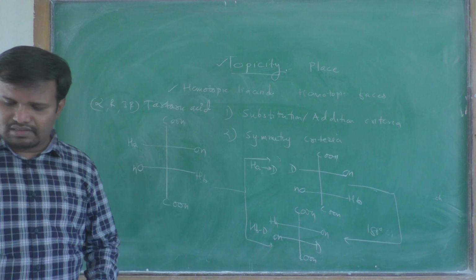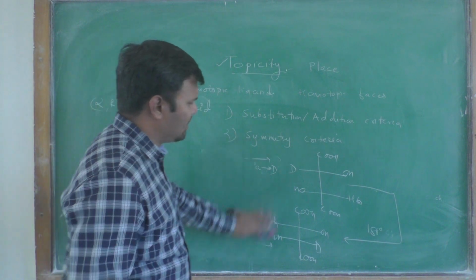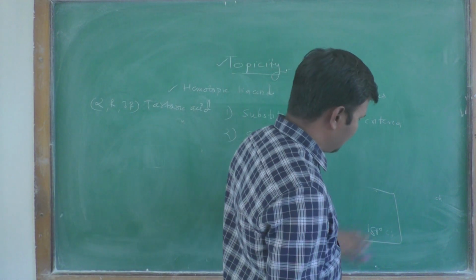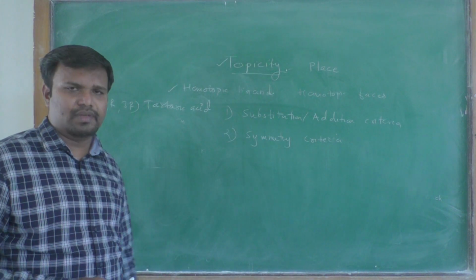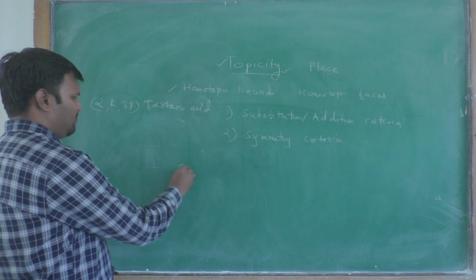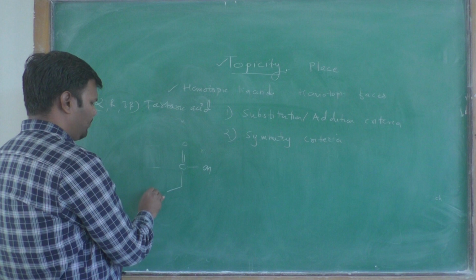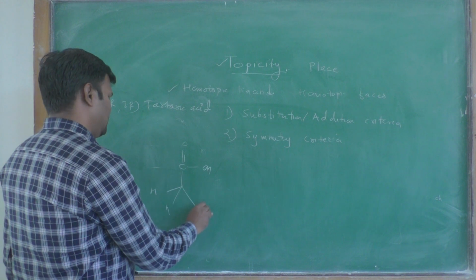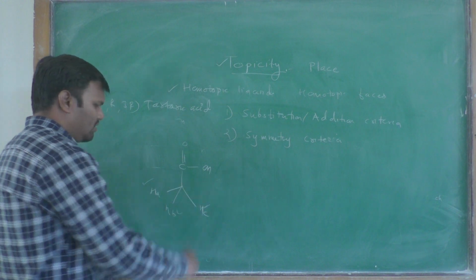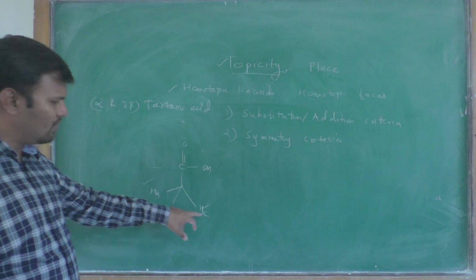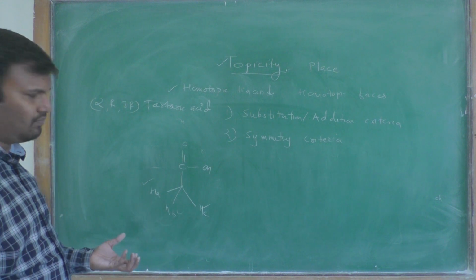We have some other examples. By substitution we can find the homotopic ligands. Here we have HA, HB and HC; these three groups or atoms are homotopic ligands.